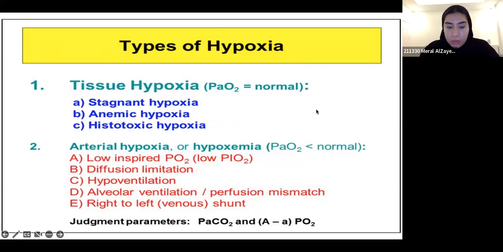Okay. Simple. So when we have diffusion limitation, that means something is limiting the process of oxygen being delivered from the alveoli to the blood. Okay.